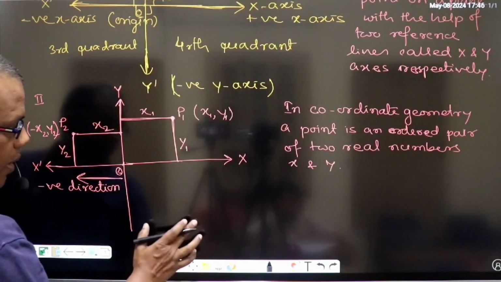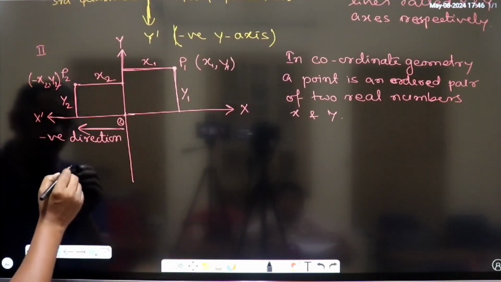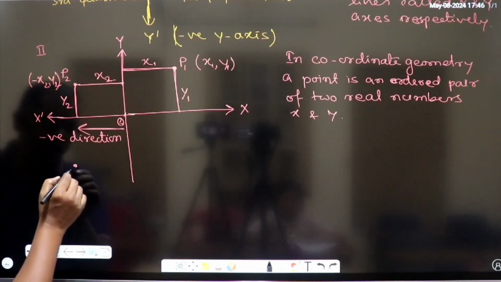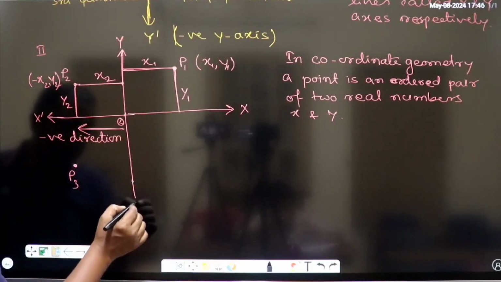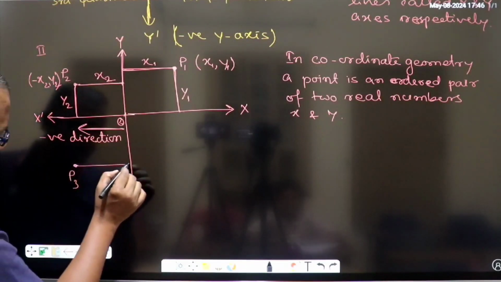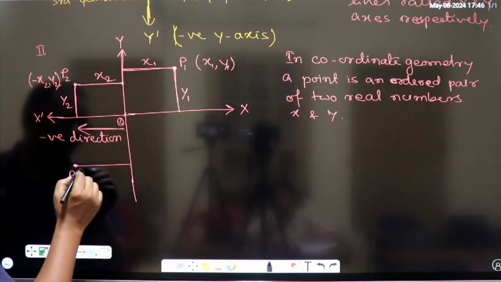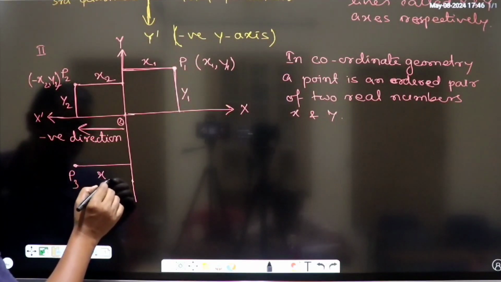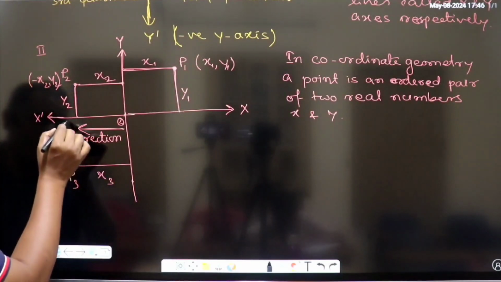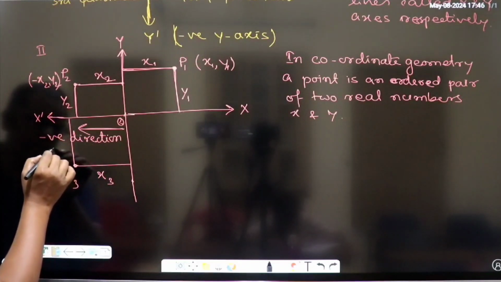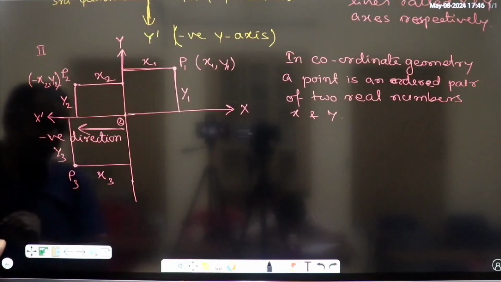Similarly, if we try to locate a point P3 in the third quadrant, its distance from the y-axis will be its x measurement, and how far it is from the x-axis will give its y measurement.